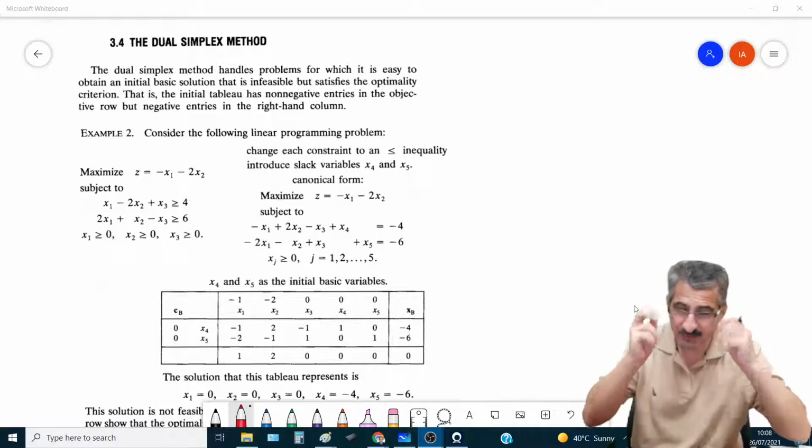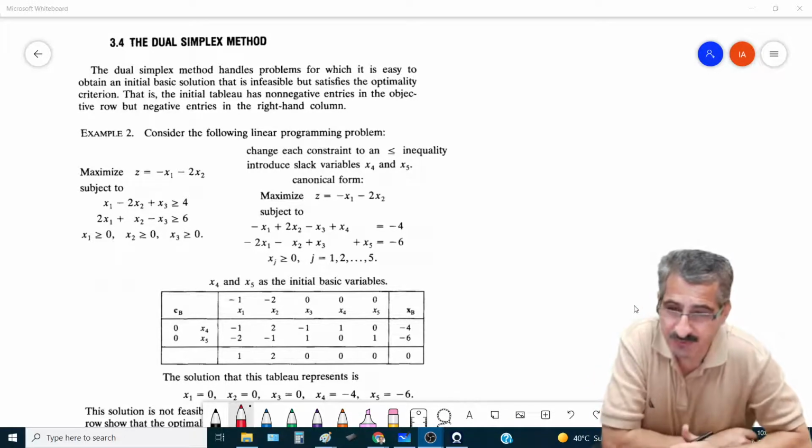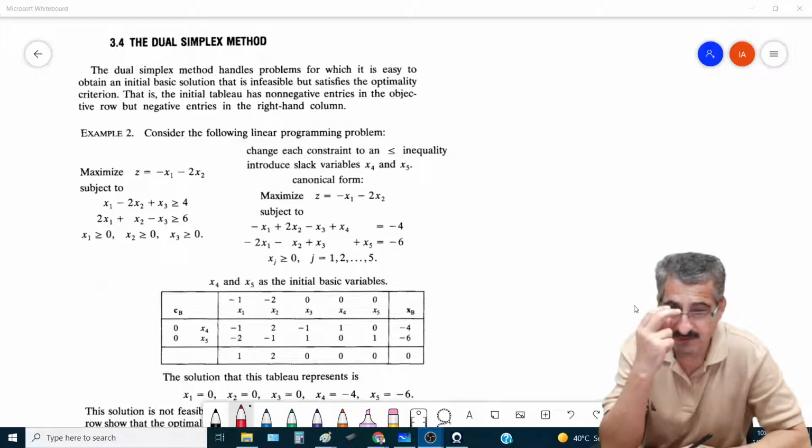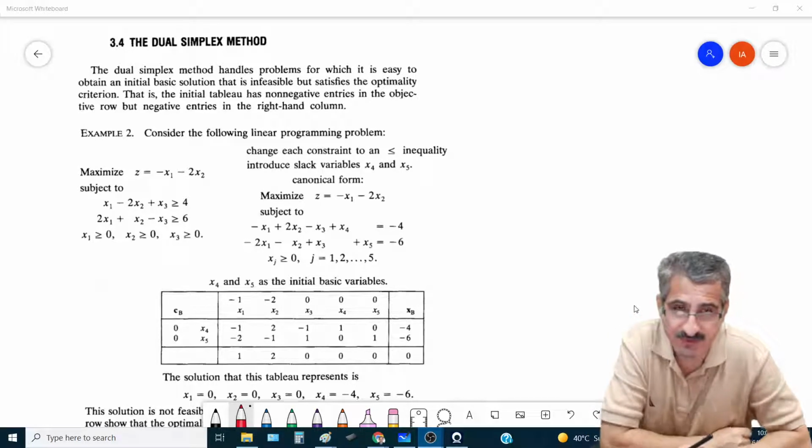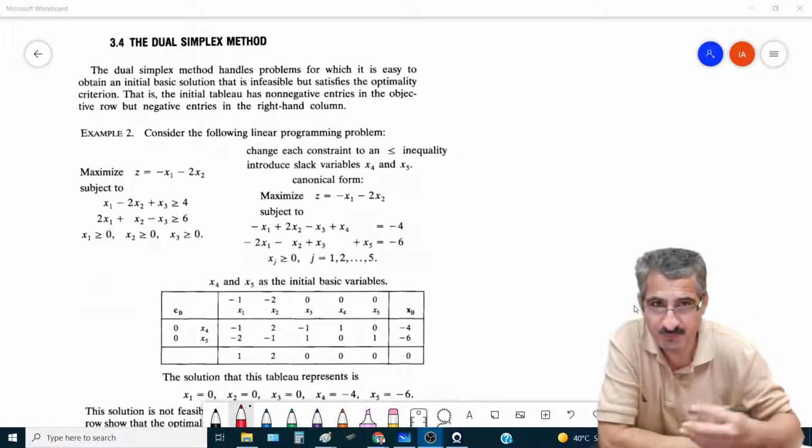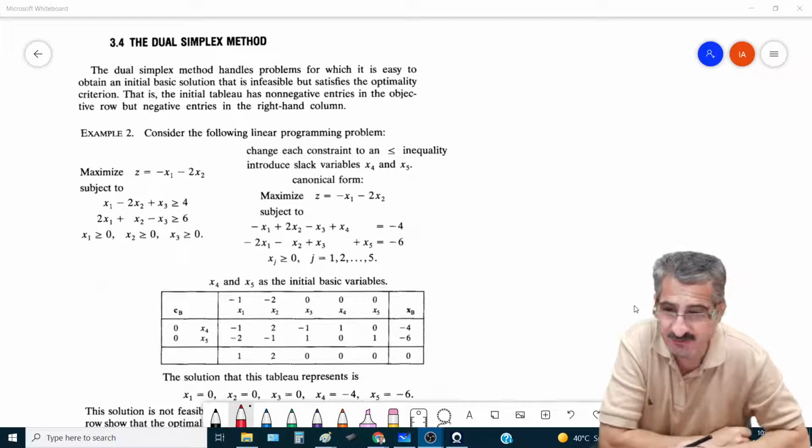Okay, so this is a quick description of the dual simplex method, and we will explain it using the following example, and then later we will explain why we need this method.